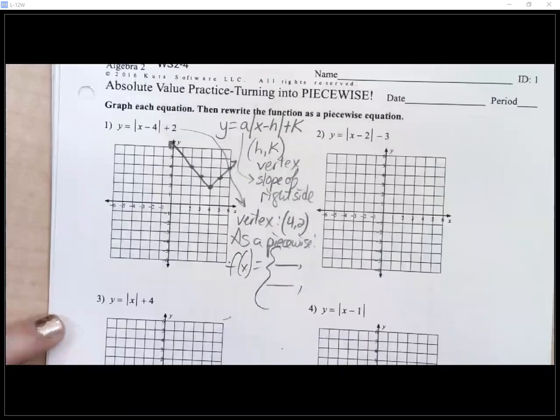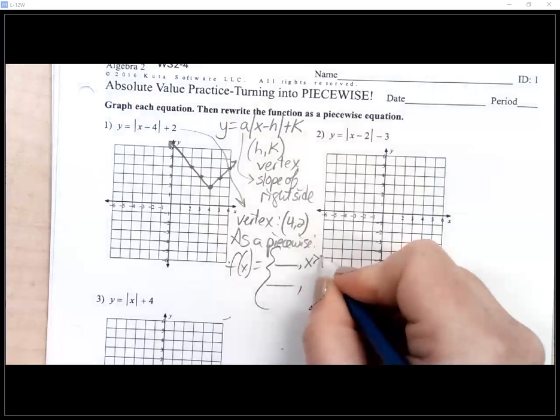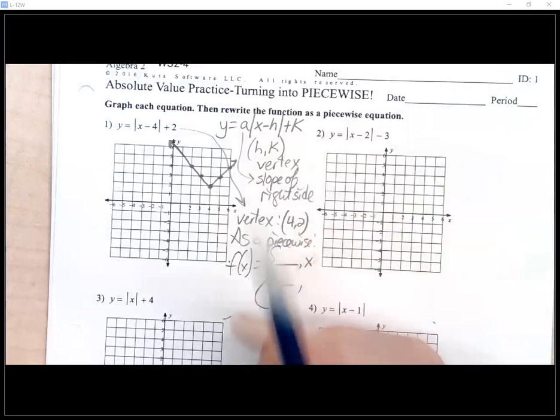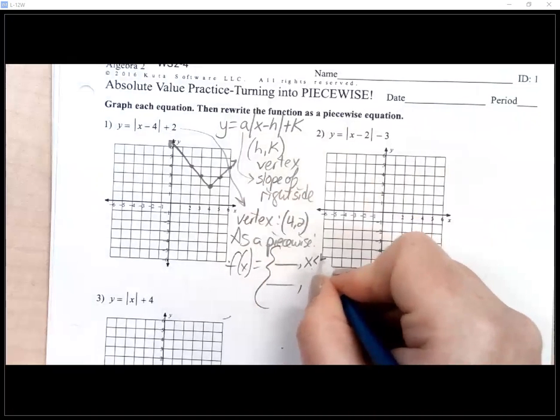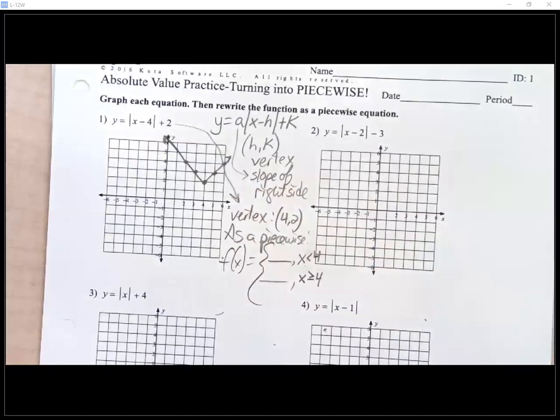It looks like everything is splitting at 4. So one of them is going to exist when x is less than 4. And then my other one will exist when x is greater than or equal to 4. Doesn't matter who has the or equal to bar.